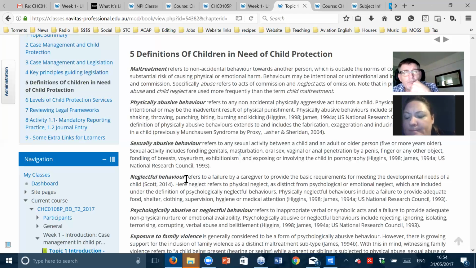Or if you have a strong suspicion, if you see bruising on the arm of a child, if you're a school teacher and you continually see bruising on a child in your care, you have a responsibility to report that to the right agency.